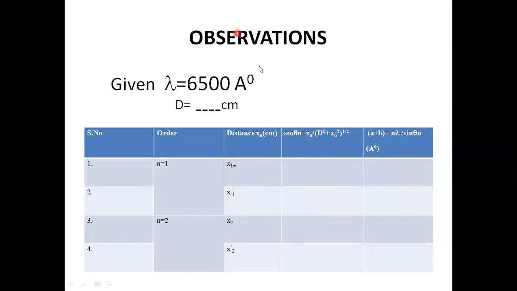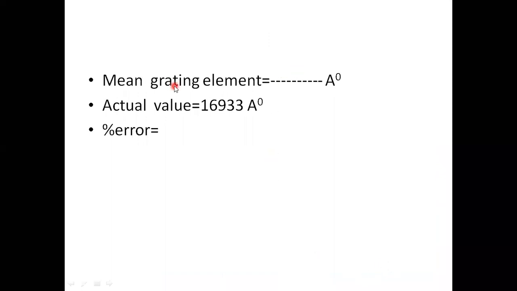From the first reading you can calculate the first value of grating element. From the second reading you can calculate the second value of grating element, then the third and the fourth. So you can note four values of grating element, and in the end you will take the mean of these four values, and that mean will be your experimental value of grating element.